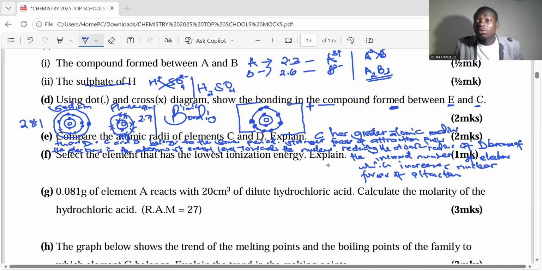Increased number of electrons of element D increases the nuclear forces of attraction, pulling the electrons of D from the outermost energy level towards the nucleus. And when electrons are being pulled towards the nucleus, the distance from the nucleus to the outermost energy level reduces. That is why it has less atomic radius as compared to C.